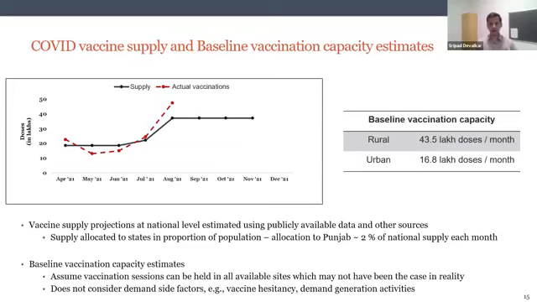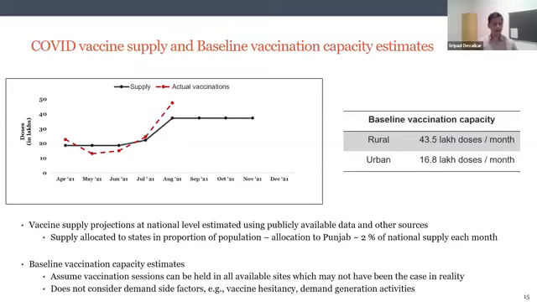Now, from a societal standpoint, this is just a transfer of money from you as an individual to the hospital, right? And so there is no net economic cost being incurred. The net economic cost is being incurred in actually having that vaccine delivered up to the hospital and in having that vaccine be administered. And those are the costs that we capture as part of this model.